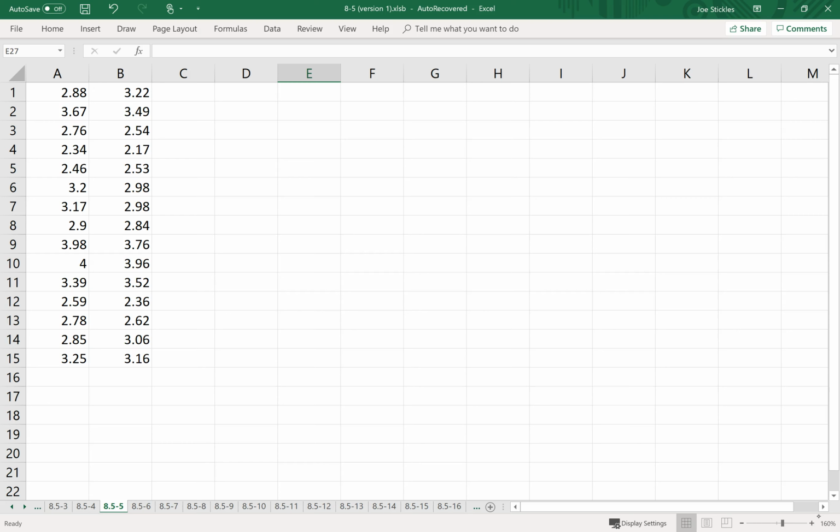The first thing you would do is take the difference of those two, and then I'll do the absolute value of those things.